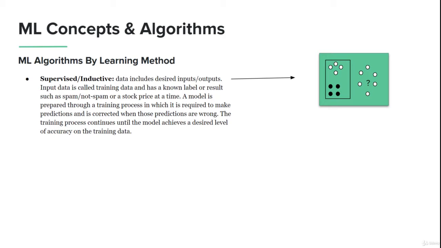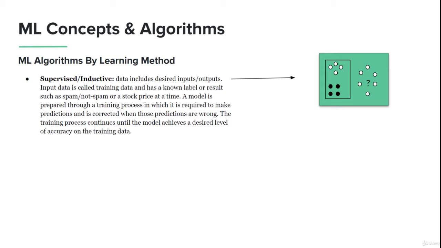First, we have the supervised and inductive machine learning method. This is data that includes desired inputs and outputs. You can see on the right-hand side, input data is called training data and has a known label or result, such as spam, not spam, or a stock price at a time. Just think about sending email: it's either going to be spam or it's not going to be spam.